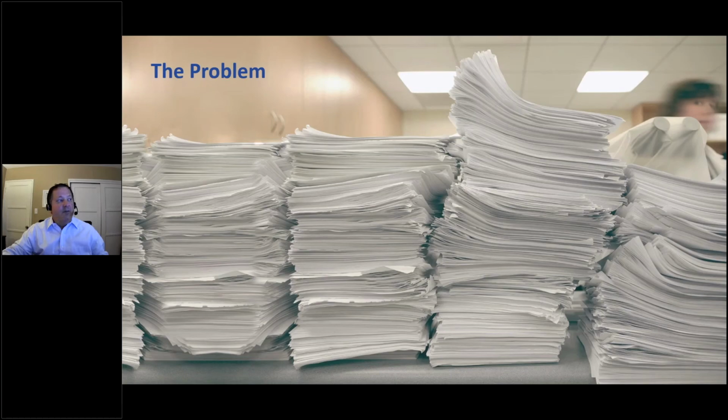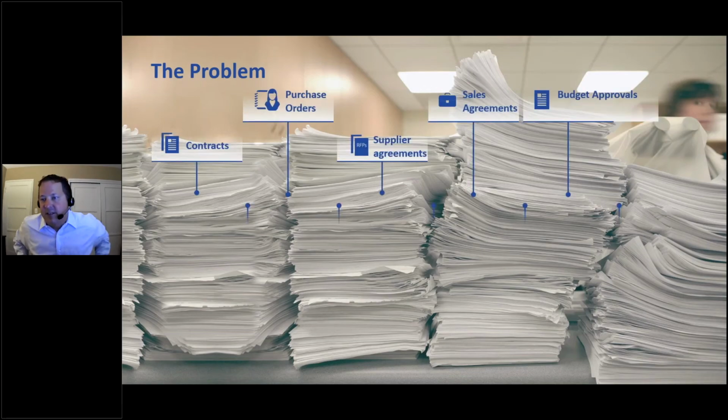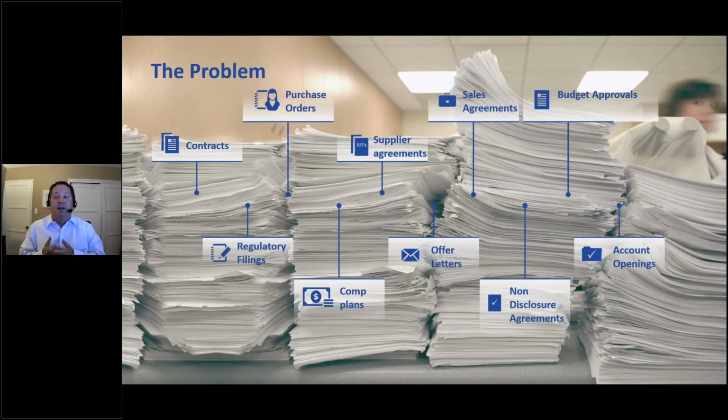So let's just look at the problem and the value here. The core reason, I guess, why so many customers have turned to DocuSign is because they continue to suffer from a paper problem, okay? Companies have invested heavily in digital systems, like OpenText and other content management systems. They're still relying on paper to execute these transactions.